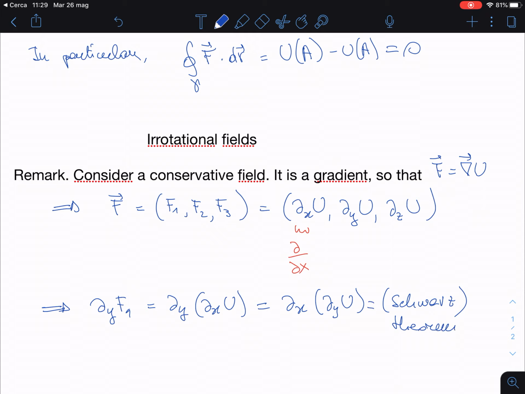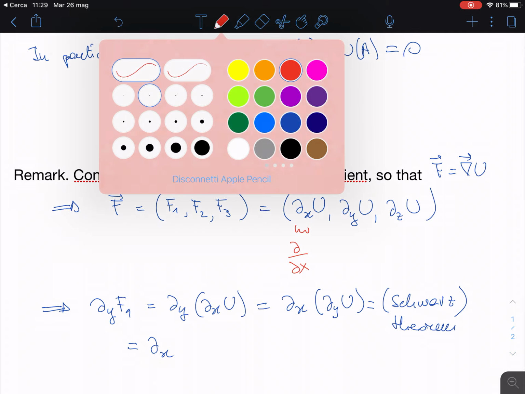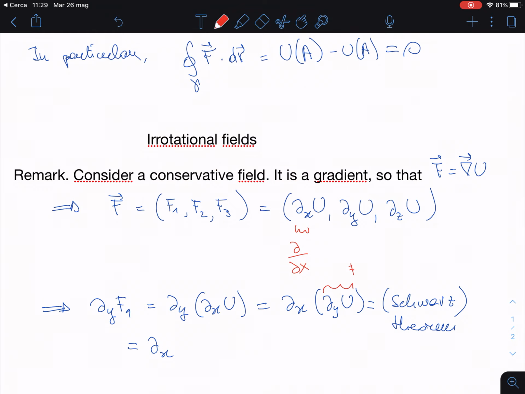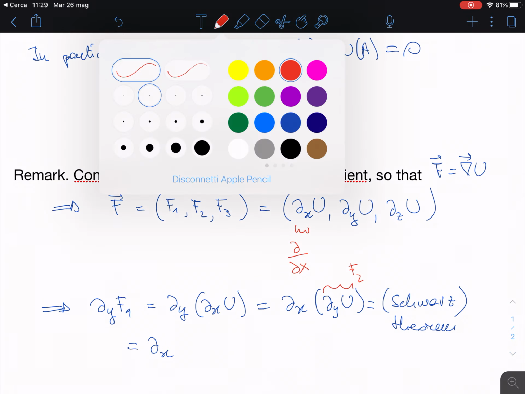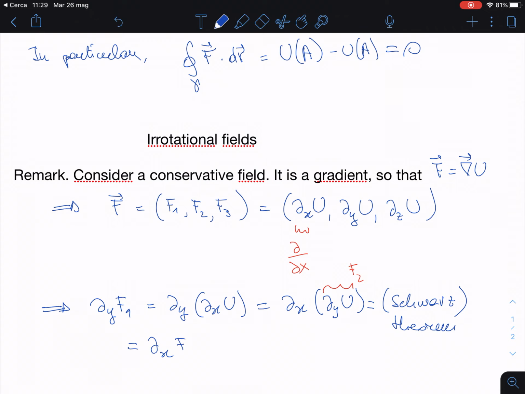And then what you find at the end is that this dy f1 is equal to dx and what? So this is f2. So here you have dx f2. So immediately you have that these cross derivatives are the same.